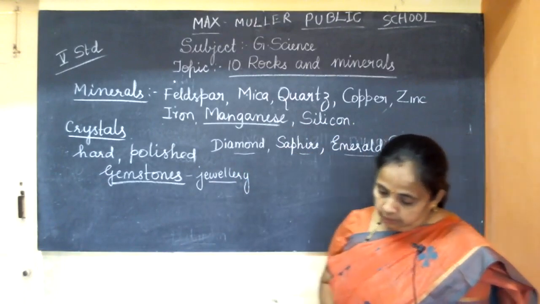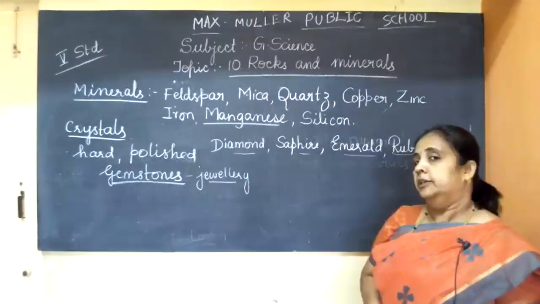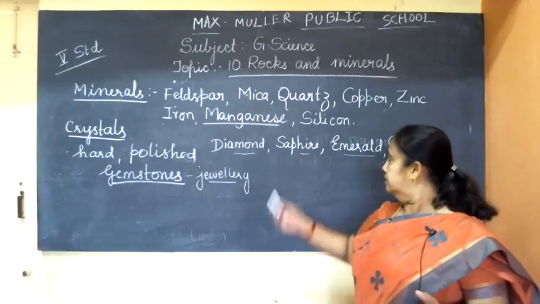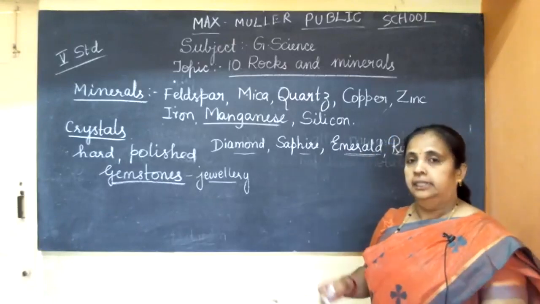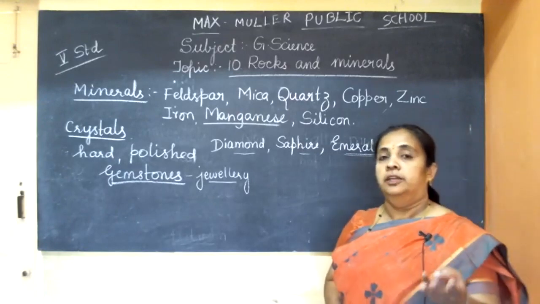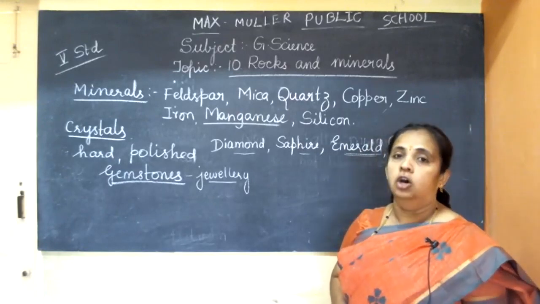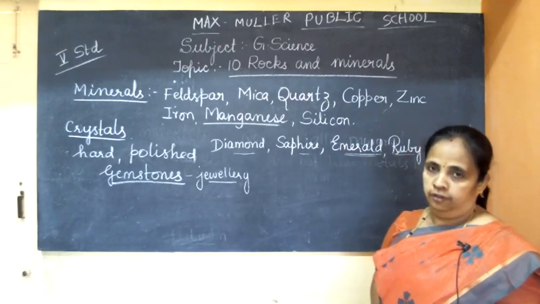Okay, so these are a few and they are available in different colors. You might have seen this emerald or ruby, sapphire. Each one will have different colors. It will be red, blue, green, yellow. So it comes in different colors.